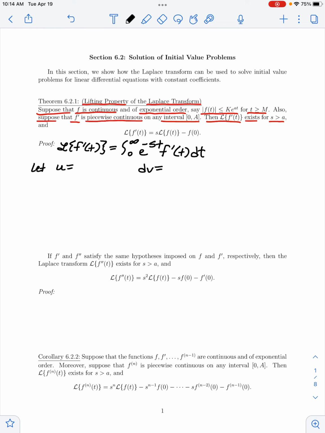So here, if I choose u as e to the negative st, then dv would be f prime of t dt, and du would then be negative s e to the negative st dt, and v would be my antiderivative of f prime. So the antiderivative of the derivative of f gives me back f.